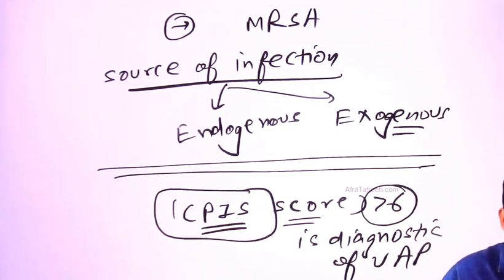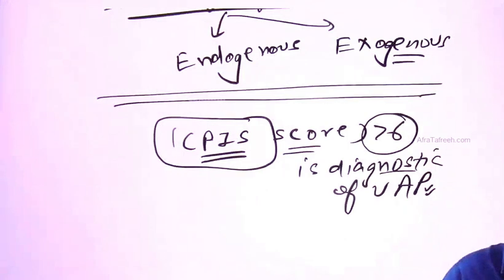If this comes out to be more than 6, which I've already discussed and which has a number of things in it, then it is diagnostic of what? That is the VAP.